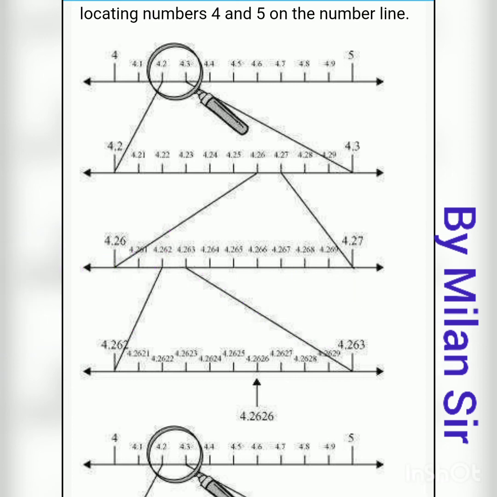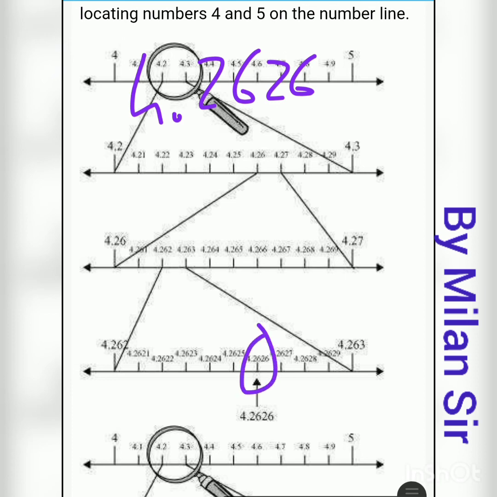Now what is our original number? 4.2626, right? That number we get here. So our magnification process is over.